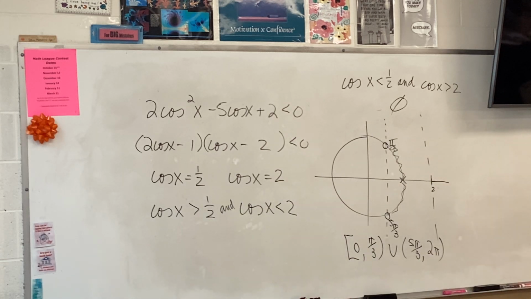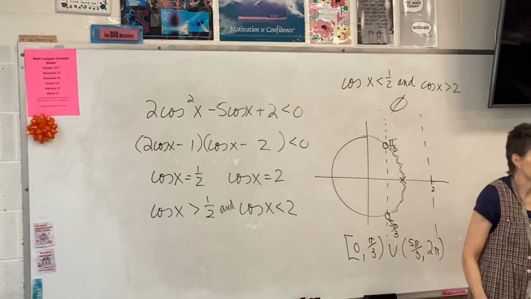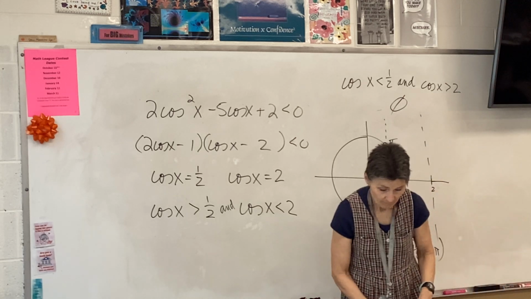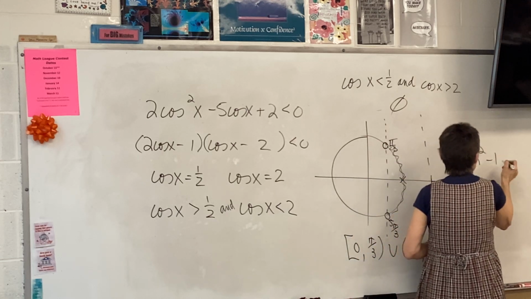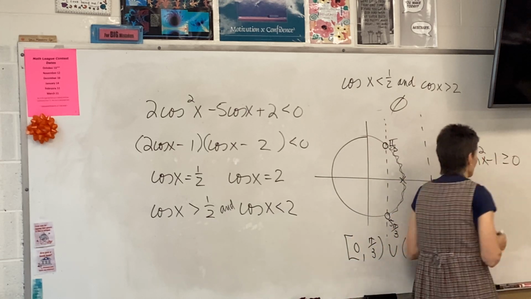So do D now, by yourselves, with your partner, figure out D. You have been on the totally wrong page, we're right here. Yeah, make it greater than or equal to. So 4 sine squared minus 1, greater than or equal to 0.